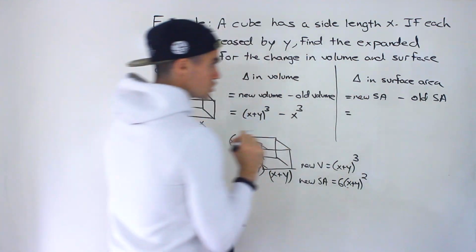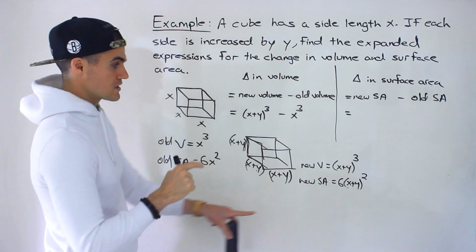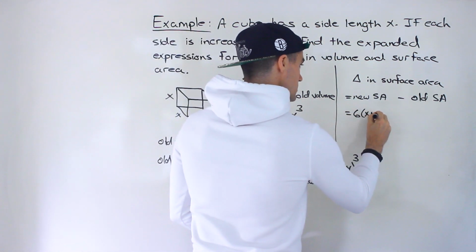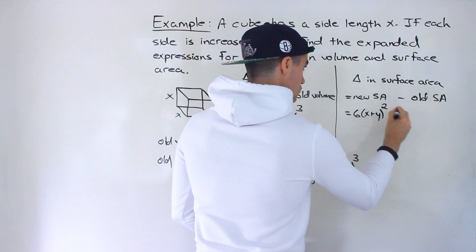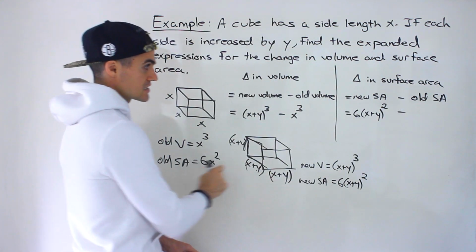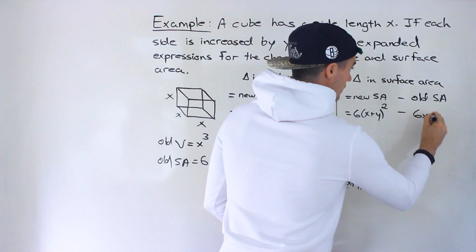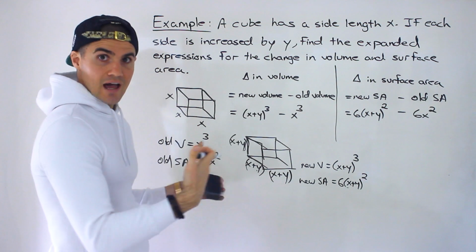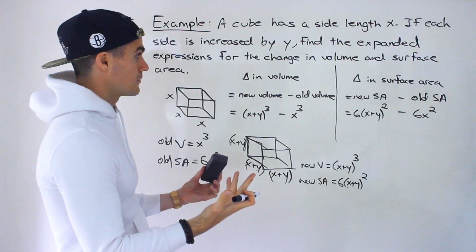So then the change in surface area, what's the new surface area? It's this expression, so it's going to be 6(x + y) to the power of 2 minus the old surface area, which is just 6x squared, like that.